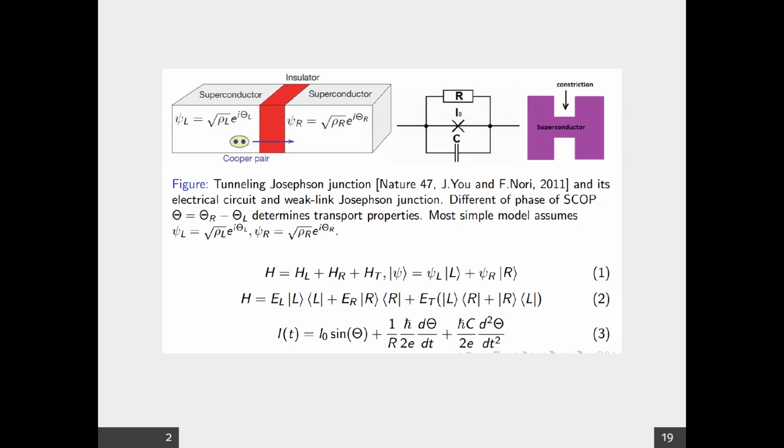There is a presumption that on the left and right we have a macroscopic quantum effect. So we have a macroscopic wave function, and in the case of superconductors, this wave function is expressed by the phase theta L and the square root of the density of Cooper pairs.